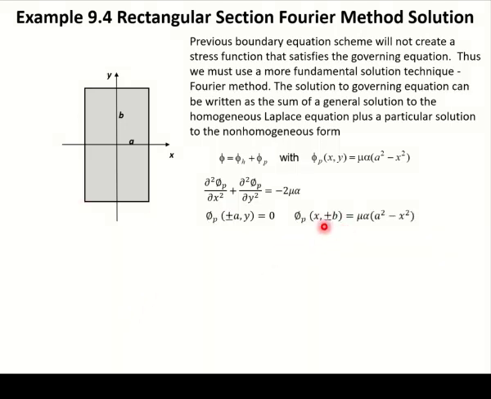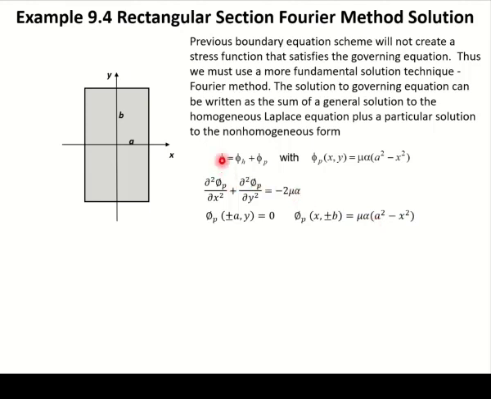Now if you look at the boundary condition when y is equal to plus b or minus b, this particular portion of the stress function will result in this value. Since there is no y, you will get the same function.